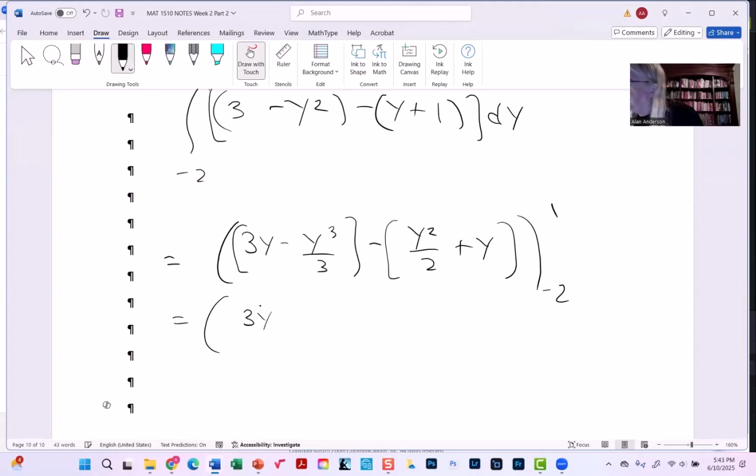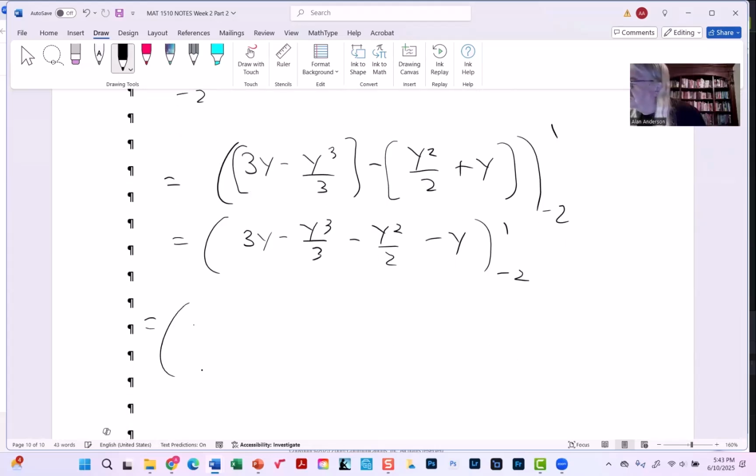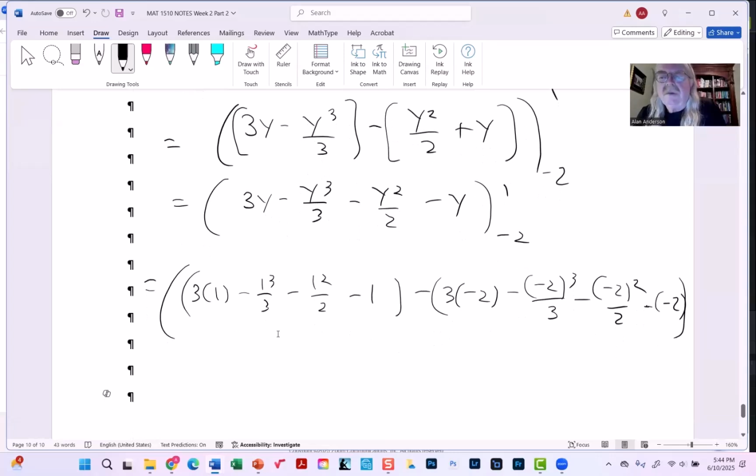We'll have 3y minus y cubed over 3 minus y squared over 2 minus y. Yeah, that might make it a little bit simpler. So then we can evaluate this where y equals 1.